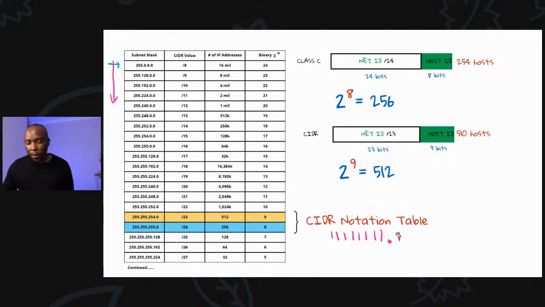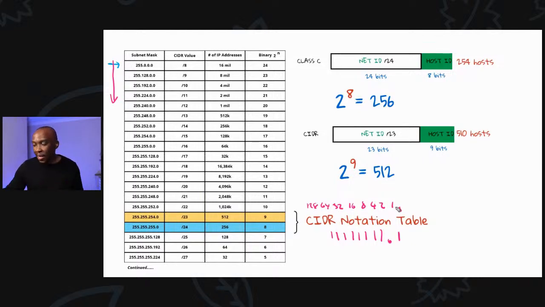However, when we wrote our table earlier on, we said 128, 64, 32, 16, 8, 4, 2, 1, and then we put a dot, because now we're making the differentiation between the first octet and the second octet. And we called it a /8.